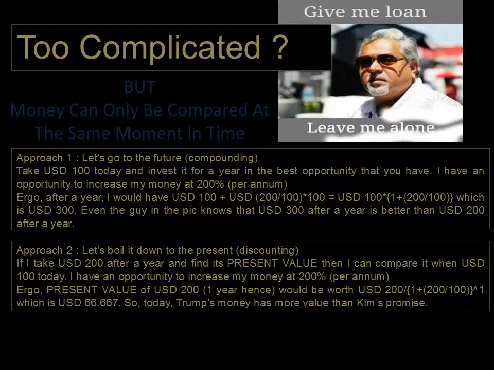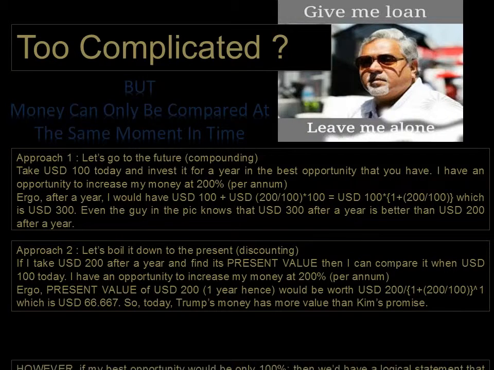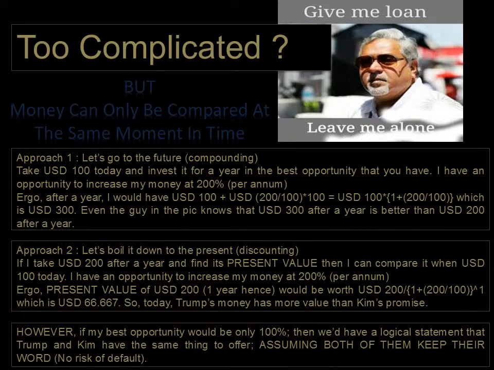Going to the future, taking $200 from Kim and discounting it at 100% yields $100 today, which is the same as Donald's offer. Assuming both of them keep their word, that there is no risk of default, and if I can only grow my money at 100%, then we can say that Trump and Kim have the same thing to offer, in more ways than one.